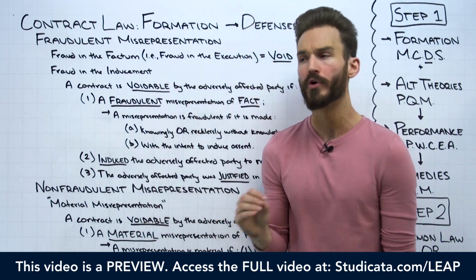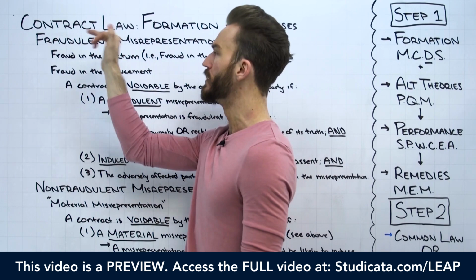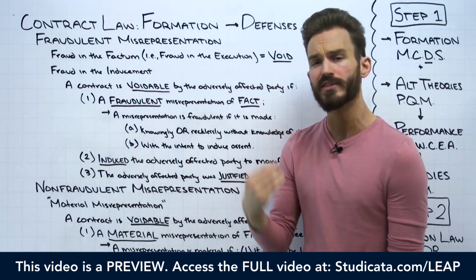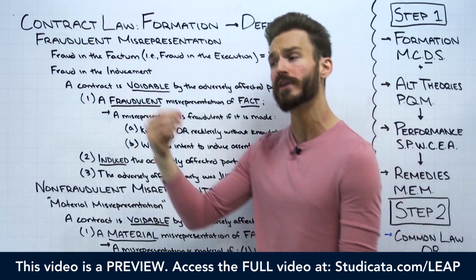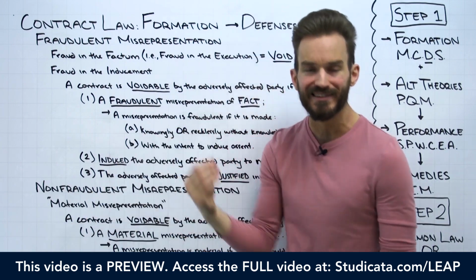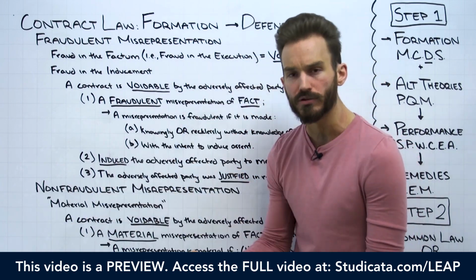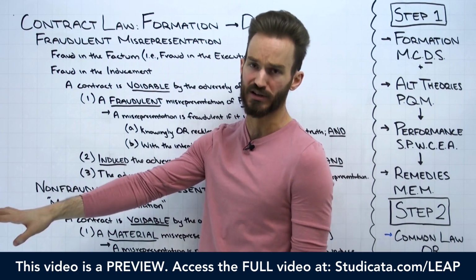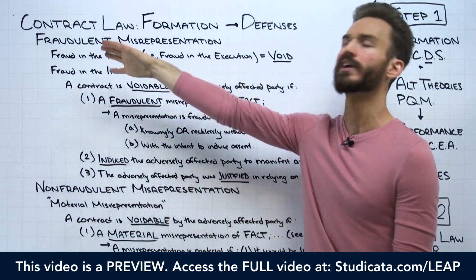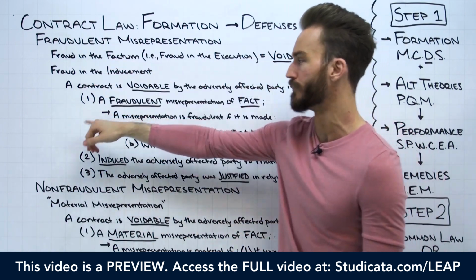So the homeowner is making a pretty big misrepresentation. He's asserting the fact that the home is free of termites when he indeed knows that the house is completely infested with termites. Very easy analysis for our first element.